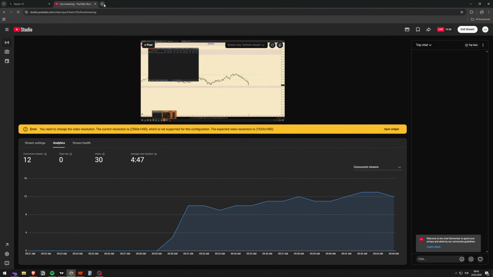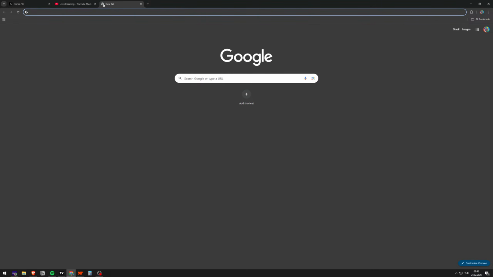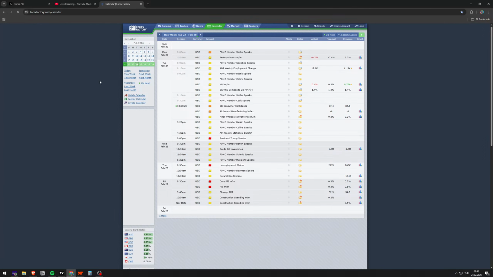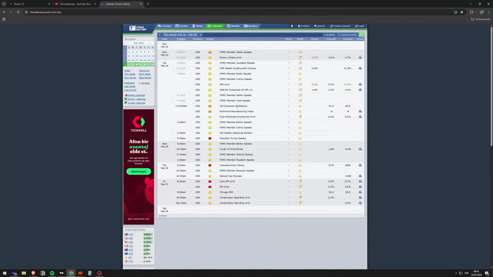Let me check the economic calendar real fast. Oh, there's consumer confidence index, manufacturing index. Honestly, I have no idea what these are, and I don't care about them either.